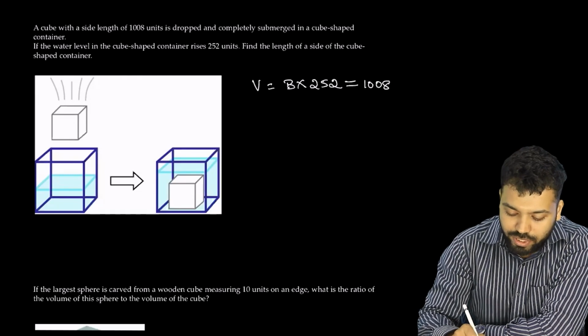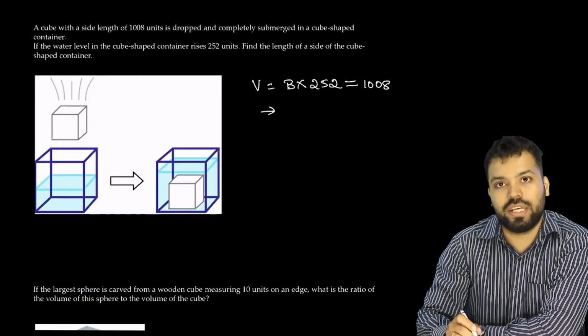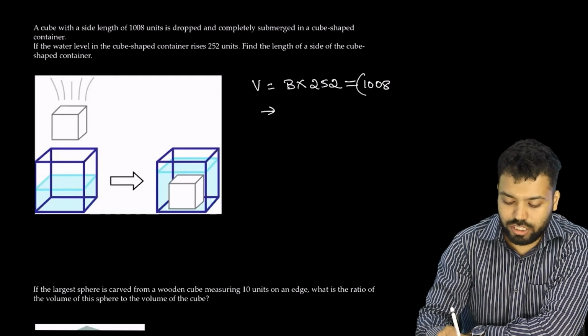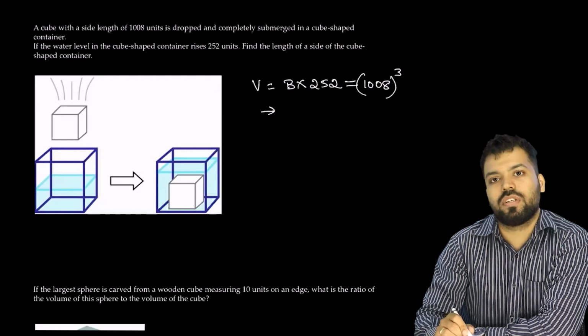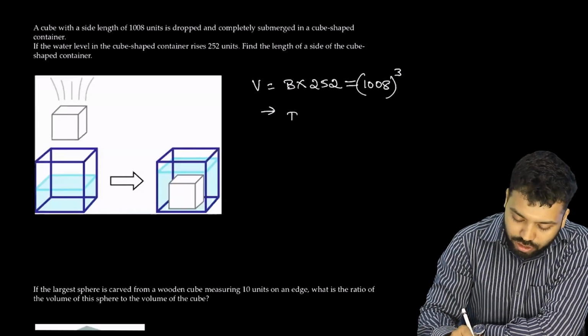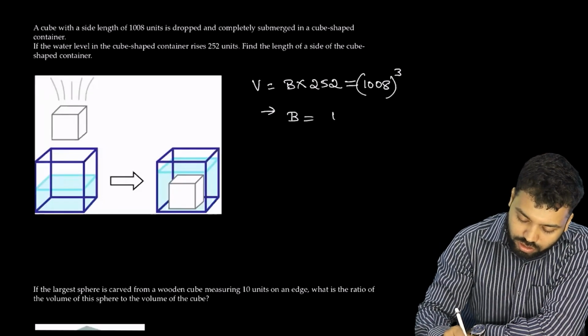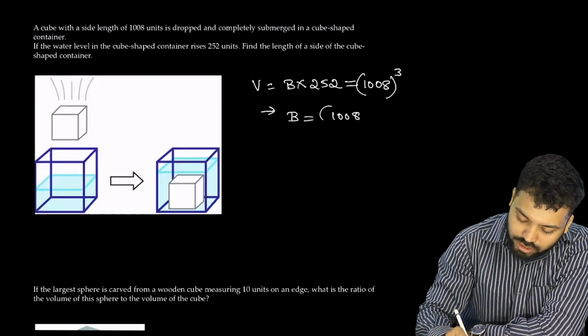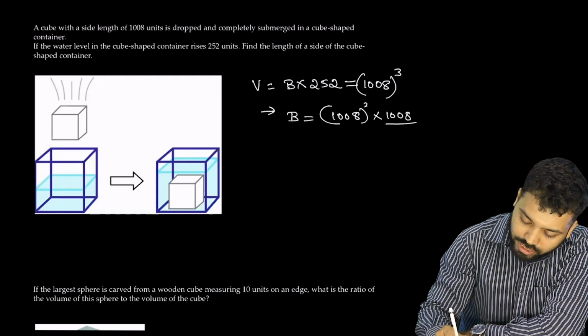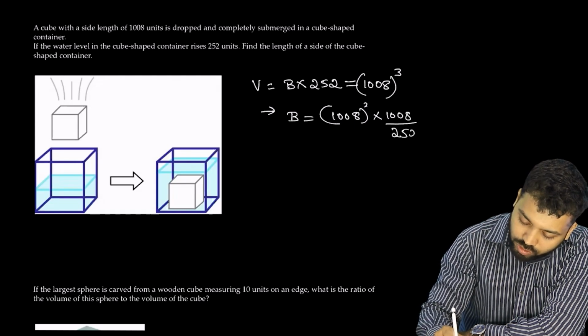So can I compare this and get the base? How do I get the value of the base? Say B is equal to 1008 square into 1008 divided by 252.